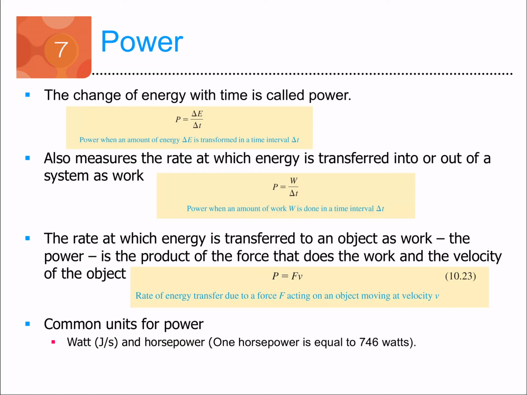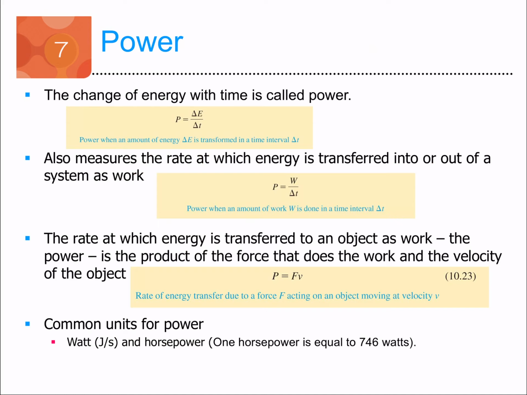Power also measures the rate at which energy is transformed into or out of a system as work, so power equals work over delta t. The rate at which energy is transferred to an object as work is also power.